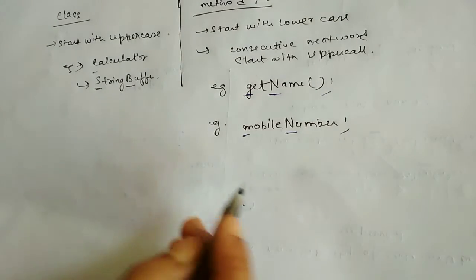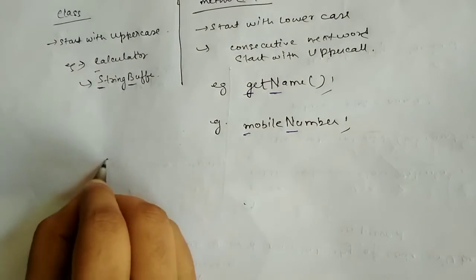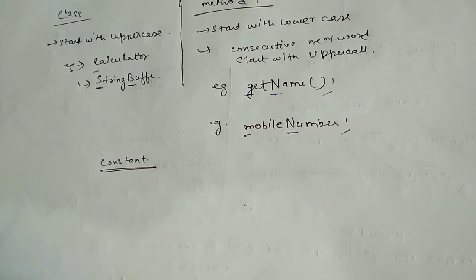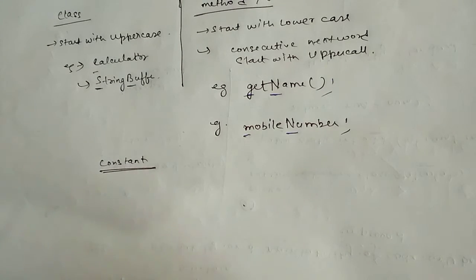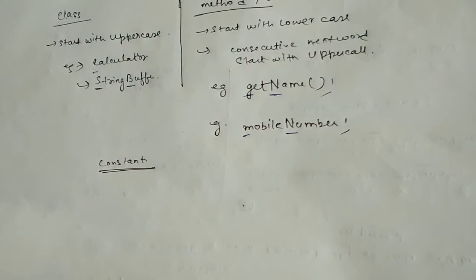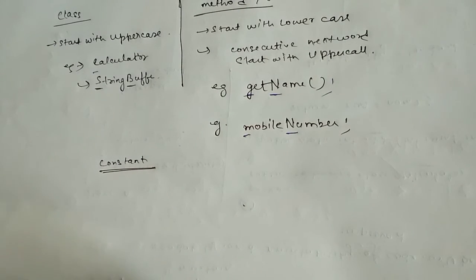There are various things, but these are the main things we can focus upon: class name, method name, variable name, and also the constant name. If we are using a constant in our program, we can use all uppercase letters. Suppose we have to define the maximum value as 4.